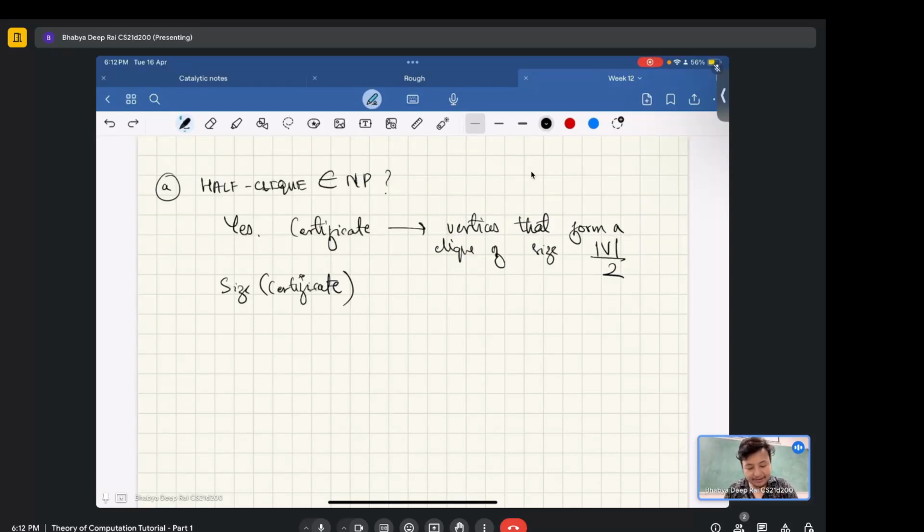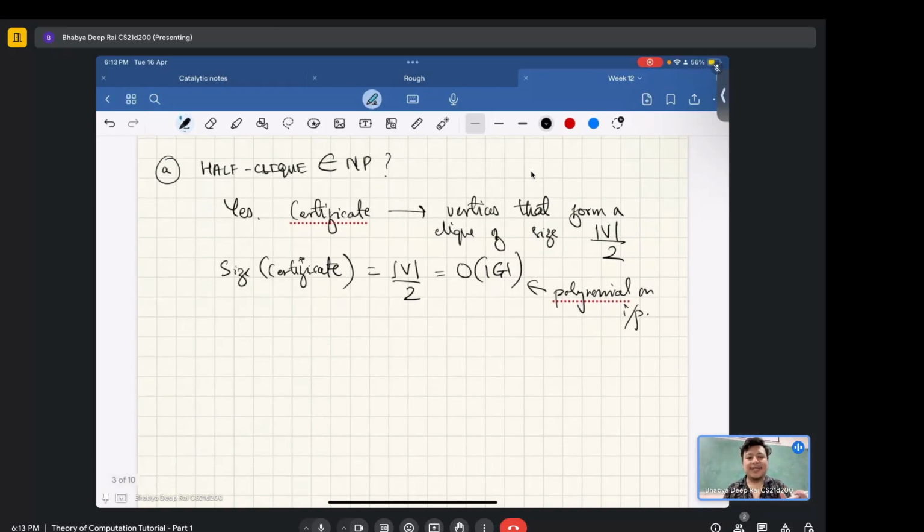The number of vertices which form the click will also be v by 2, which is linear in terms of the input. It is some order of the input, which is the graph given to us. So it's polynomial on the input. So the size is small. By small we mean polynomial size based on the input.